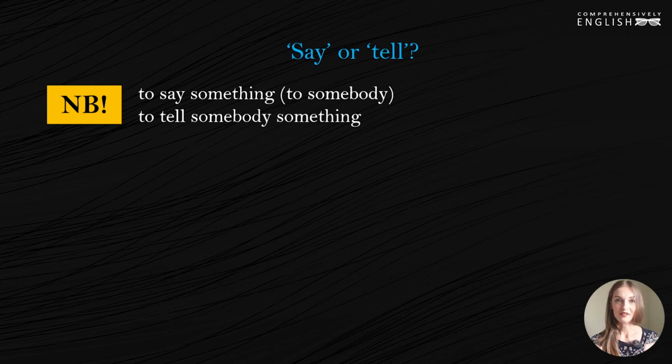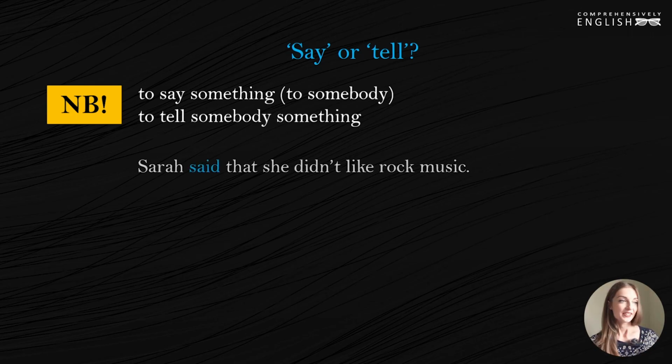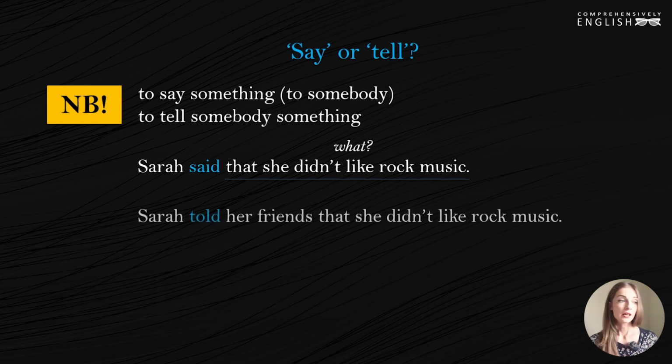That's very, very important. Sarah said that she didn't like rock music. Sarah said what? That she didn't like rock music. Sarah said something. Sarah told her friends that she didn't like rock music. Sarah told to whom and then what?